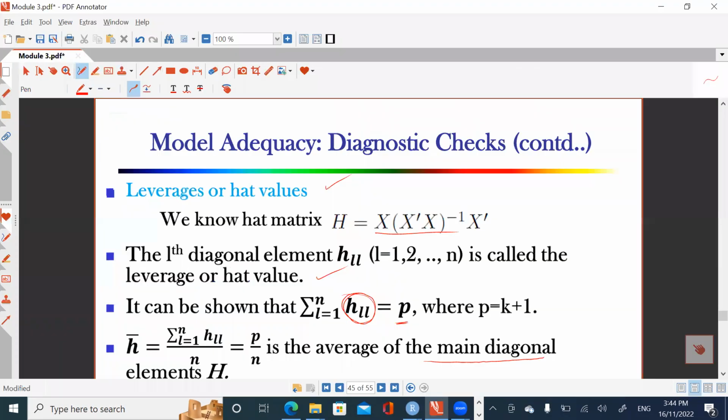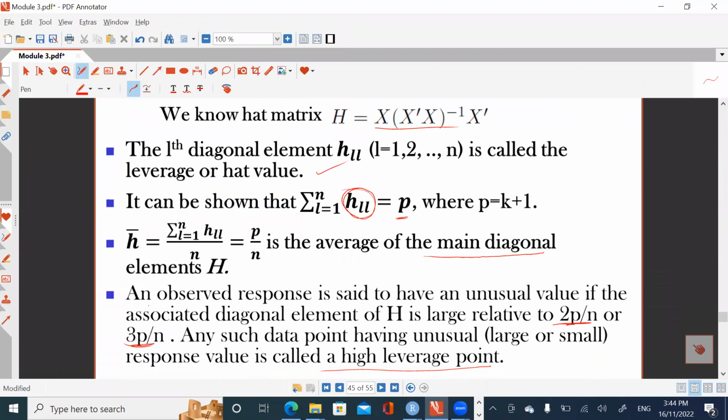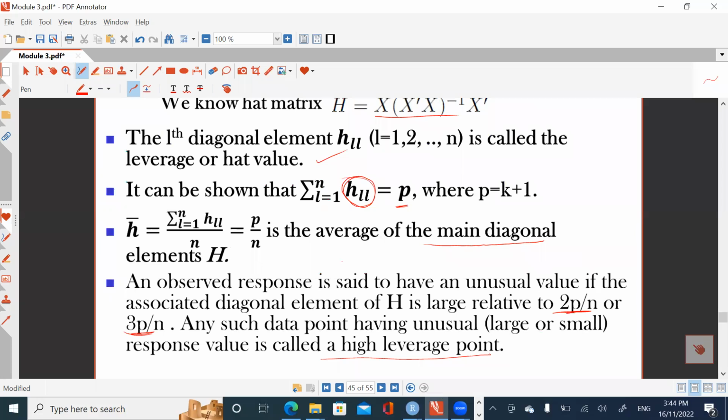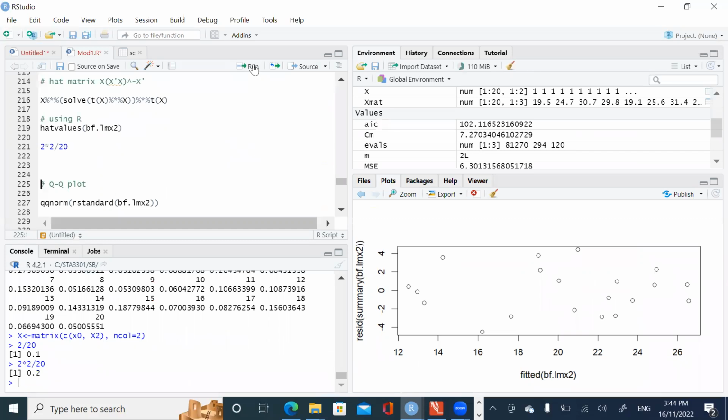So what is the criteria? The criteria says that an observed response has an unusual value if the associated diagonal element is greater than 2p by n or 3p by n. So 2 times p by n is 0.2.